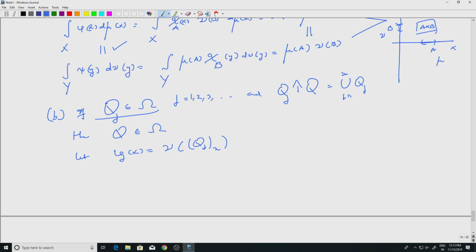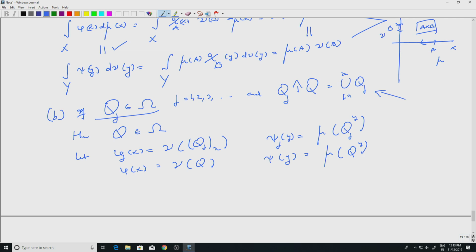So, I am just denoting the corresponding functions by phi j and psi j, and psi j of y to be mu of Qj super y, and of course phi I will write as nu of Q. Remember Q is the union of Qj's, psi is the corresponding function for Q super y. Okay. Well, what do we know?